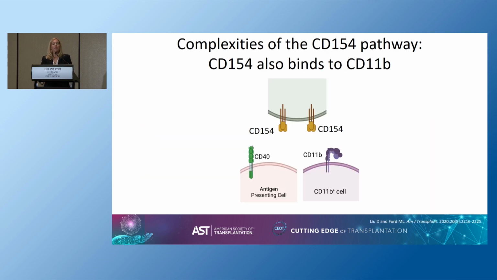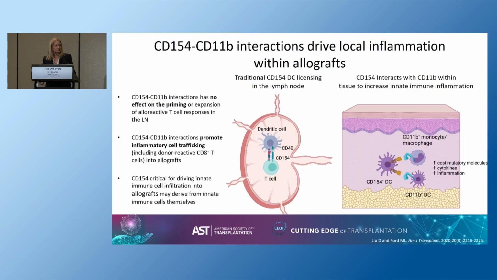Again, touching on the theme of complexities of these co-stimulatory pathways in the immune system is the fact that in addition to its ability to bind CD40, it has recently been recognized that CD154 can actually also bind to CD11B, an integrin molecule, and perhaps bind even other integrins, such that when thinking about blocking this pathway, it's important to keep in mind this additional potential interaction.